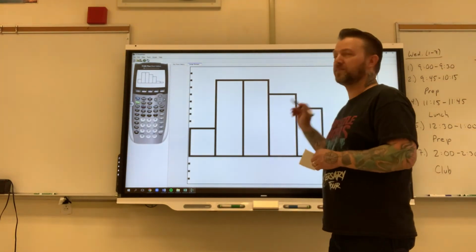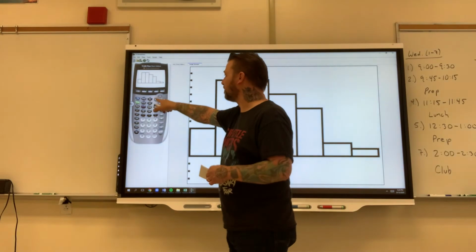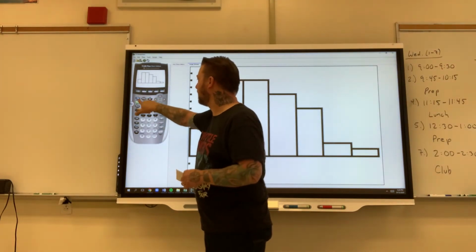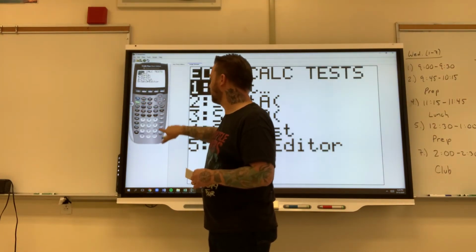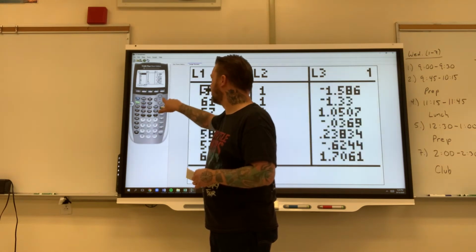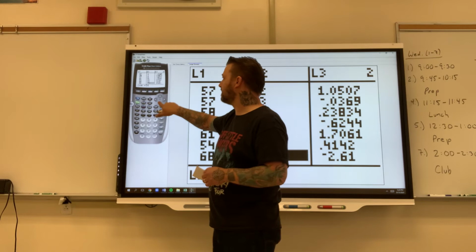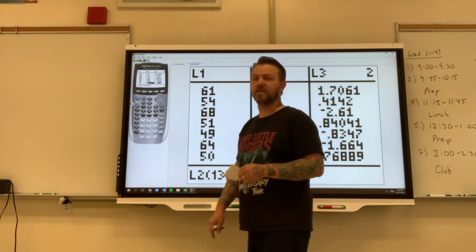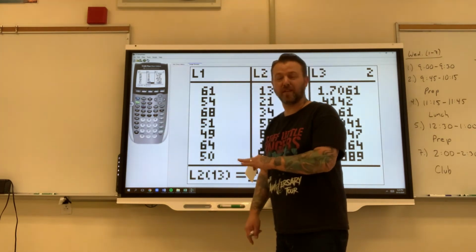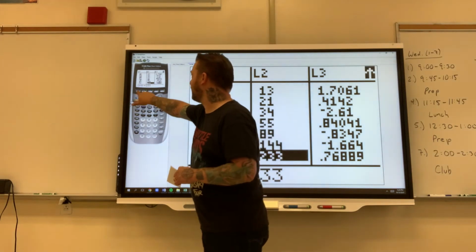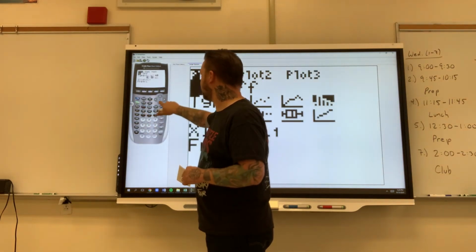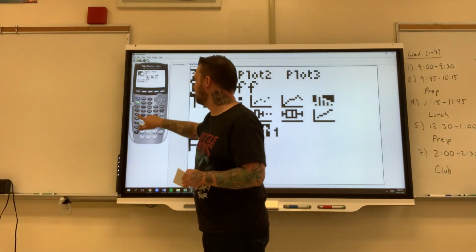Now, let's look at another one. List 2 is the Fibonacci sequence. This one's definitely going to be skewed, right? If I were to graph this, instead of L1, let's do L2.